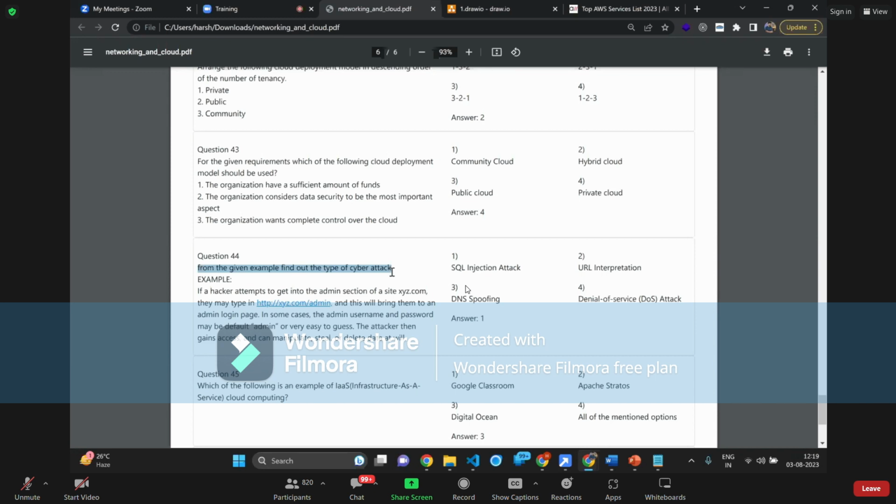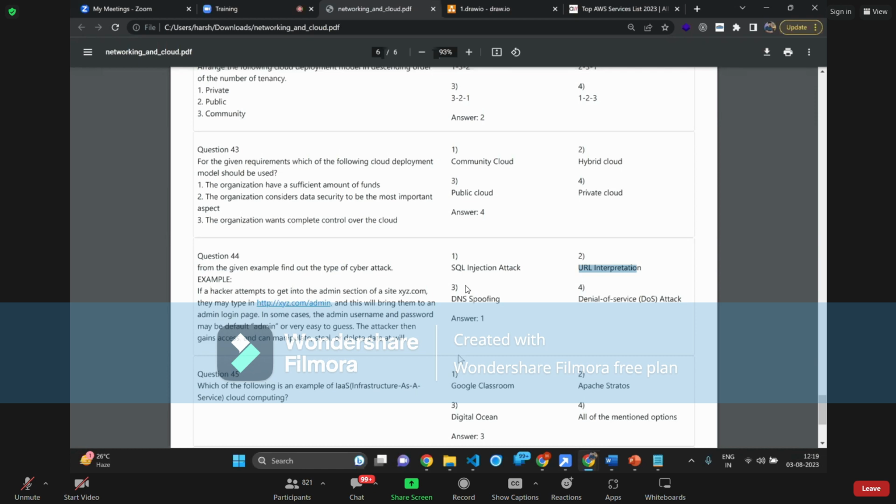Now, what this means is, the answer here shouldn't be SQL injection. The answer should be URL interpretation. Generally, what happens is you guess the common URLs that are out there, because a lot of admin websites are default, for example, WordPress websites.